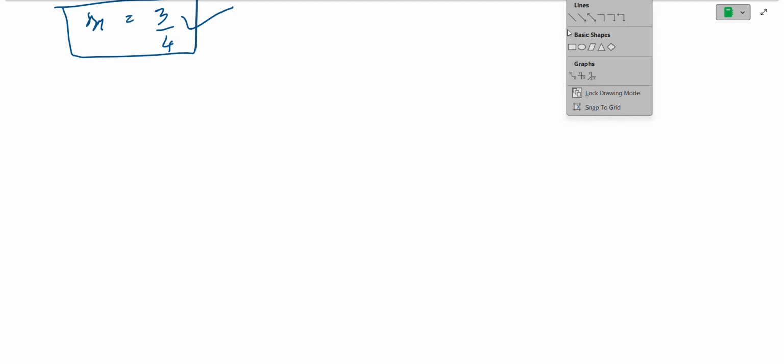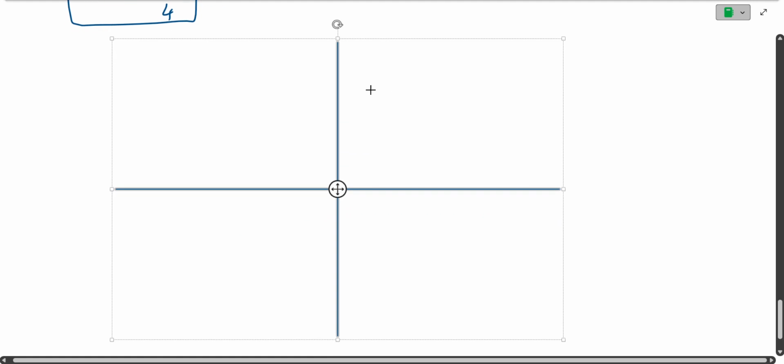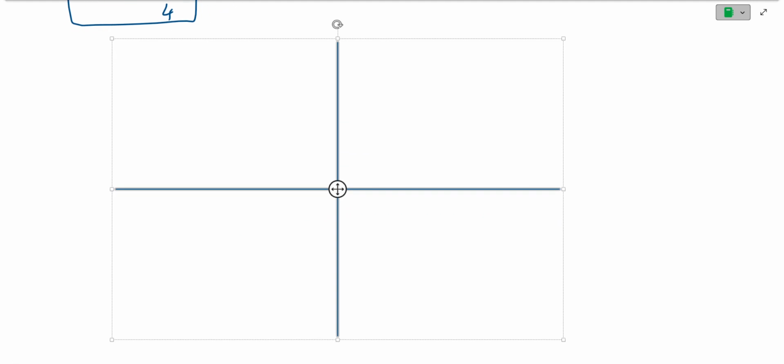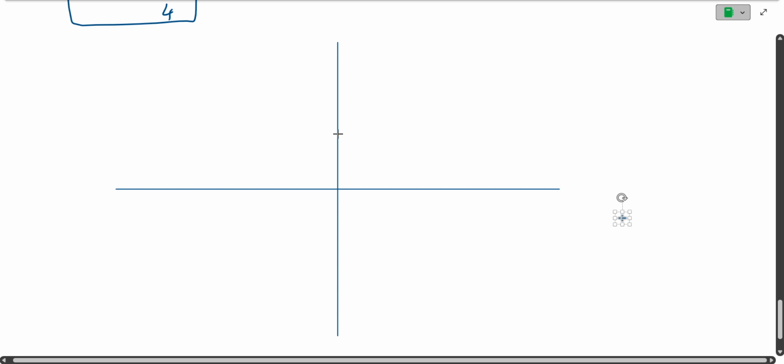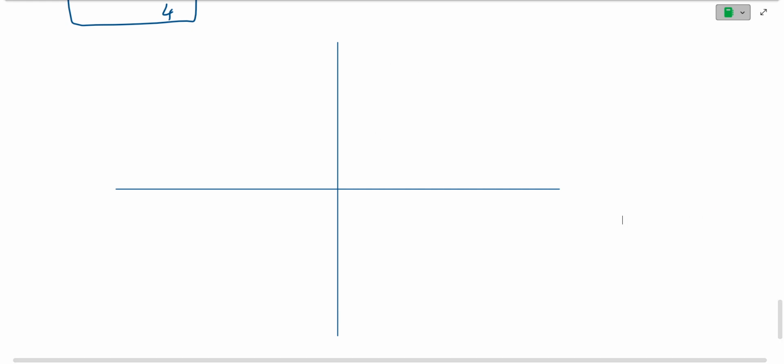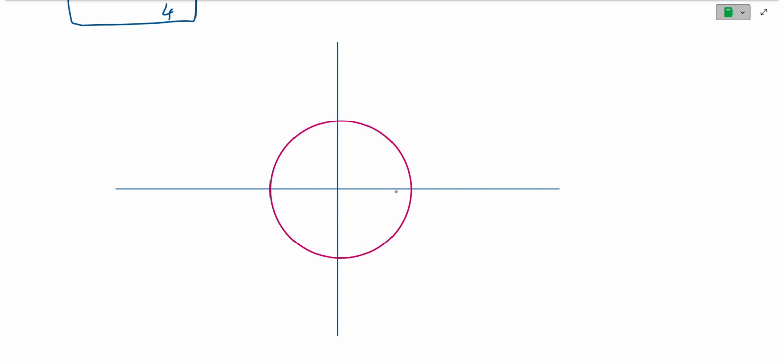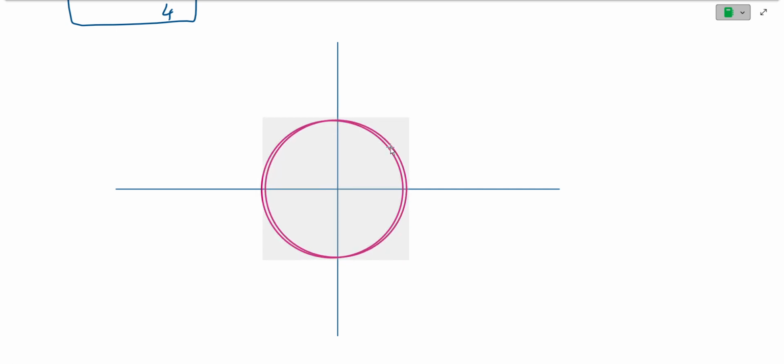Let me draw the circle equation on the coordinate axis. So this is the coordinate axis, and this is a circle. Assume that this is a circle with center (0, 0) and radius 1.